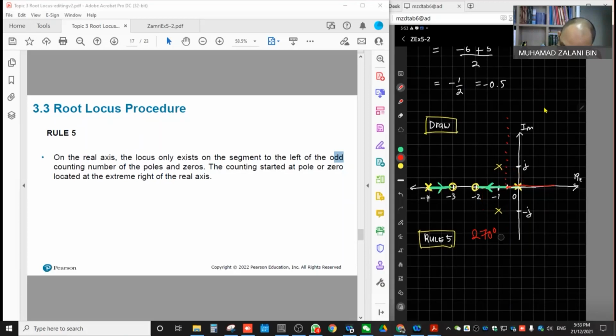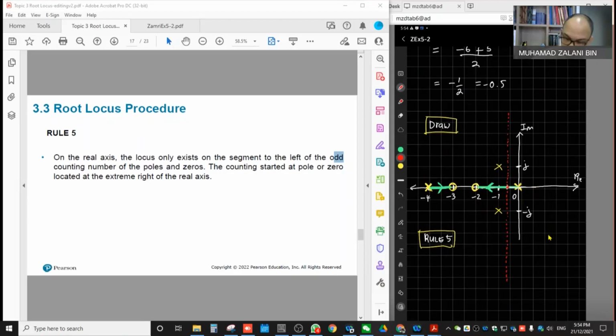Let me go back so that I can remove all the red lines. I just draw it using my hand sketch here. So the line of the asymptote is right there, just next to the complex poles' location.